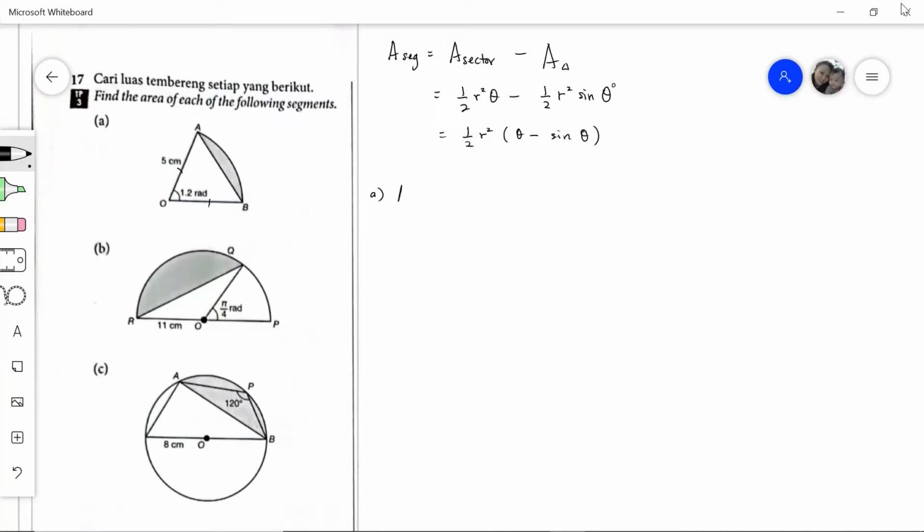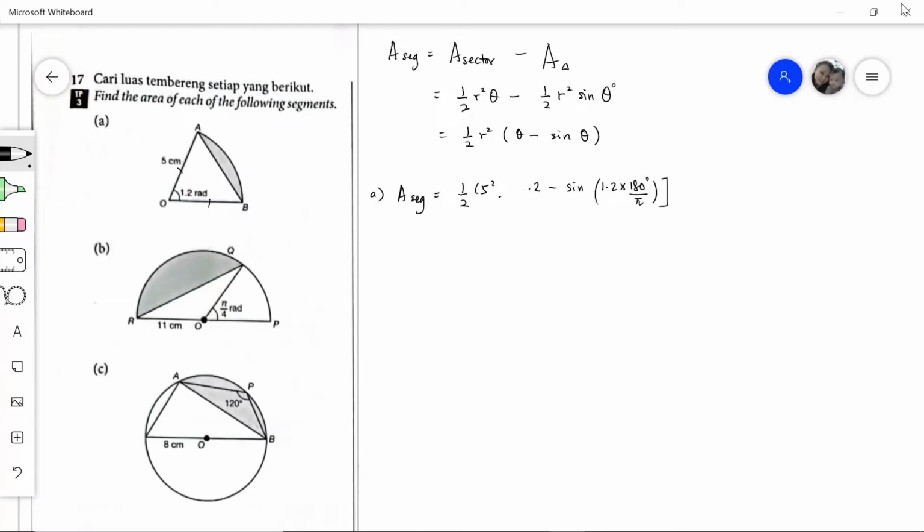So for part A, area of the segment is half, the R is 5 squared, the theta is 1.2 radian, so we minus sine, we got to change the 1.2 radian into degrees, so 1.2 times 180 degree over the pi at the bottom.